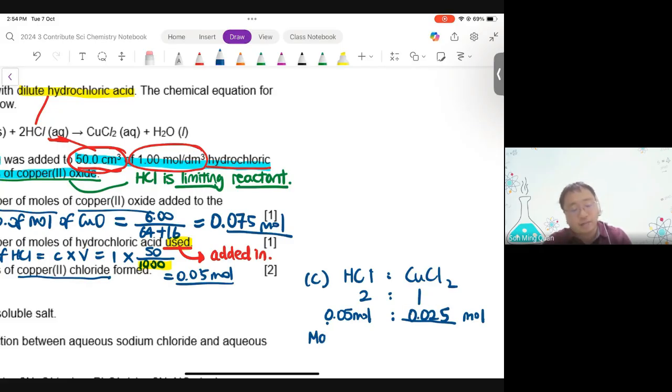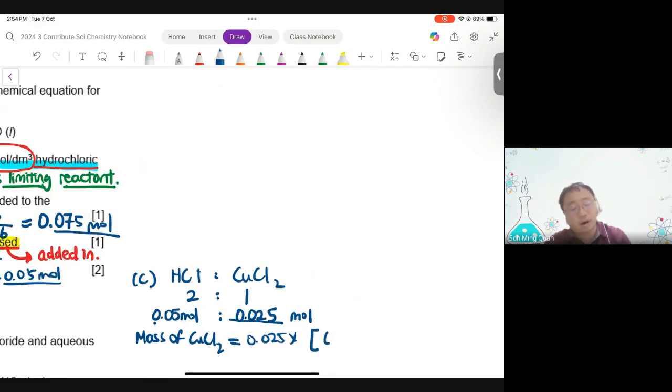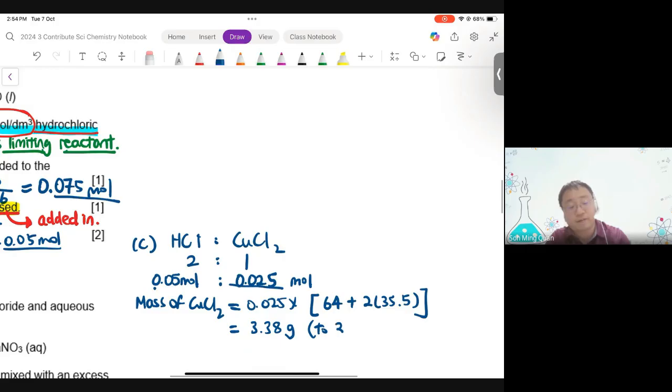After that, I think finding the mass is quite straightforward. Times the MR, 64 plus 2 times 35.5. And I think the answer, if I recall, 0.025 times that is 3.38 grams if you round it off to 3SF.